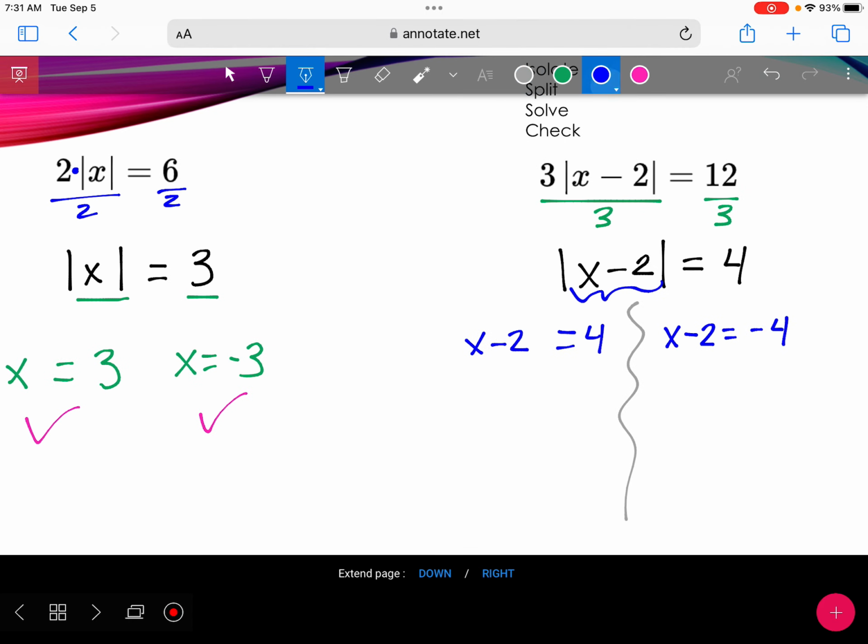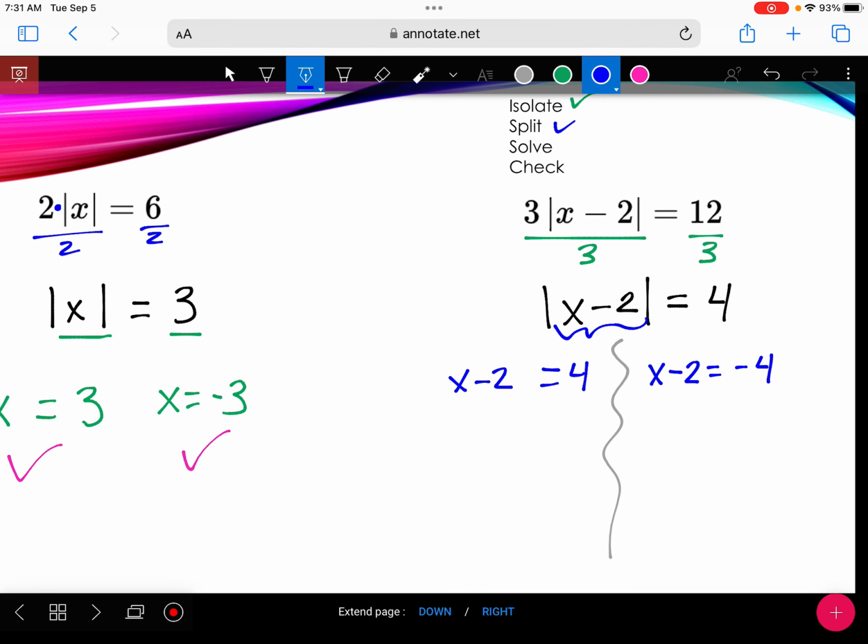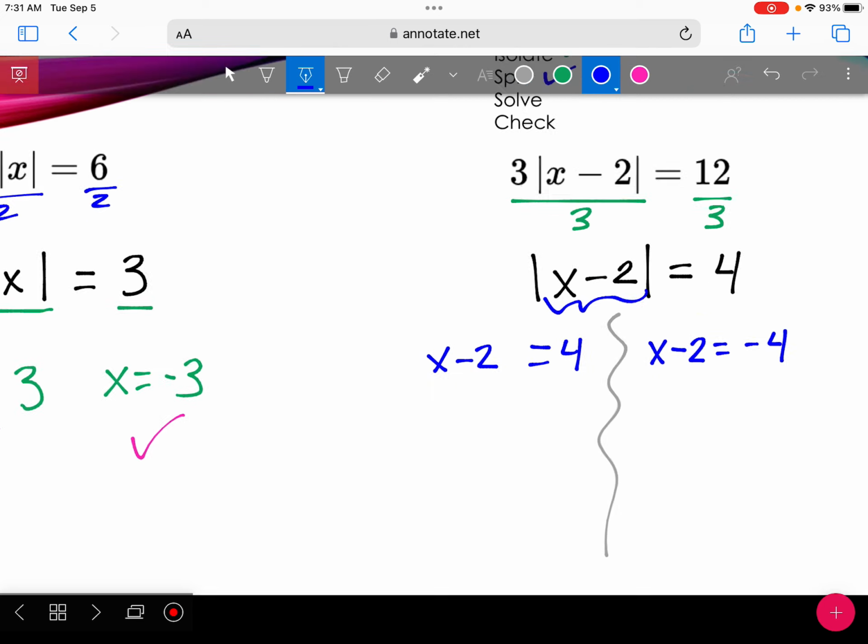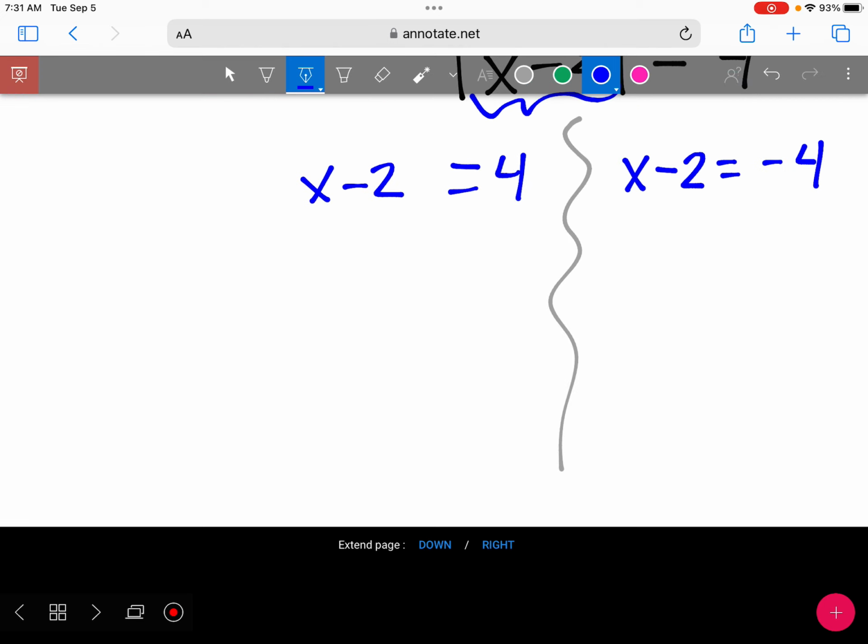So we isolated. We split. Now I need to solve each of these. So when we look at just these 2, what do I need to do to solve this side? Plus 2. Plus 2 to this side, plus 2 to that side of the equal sign.